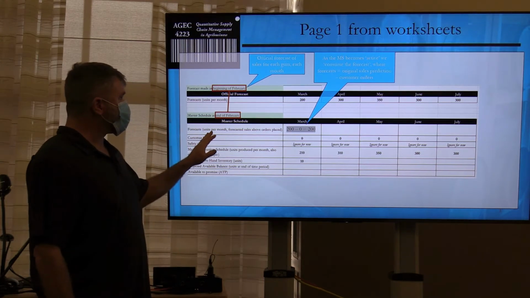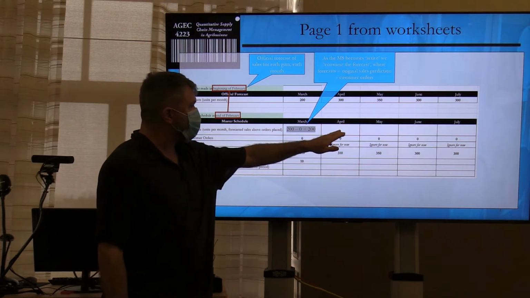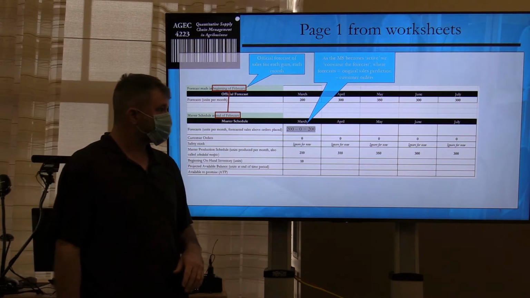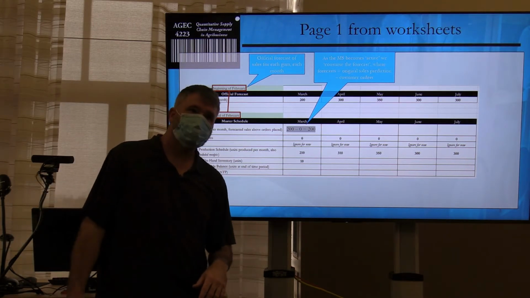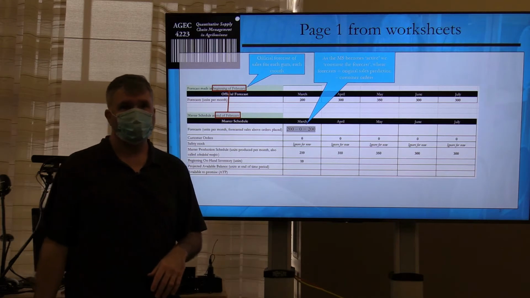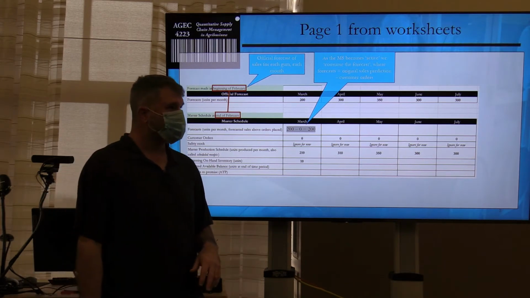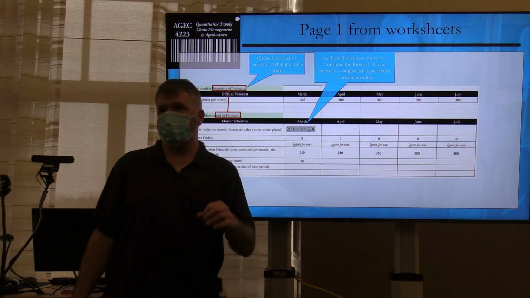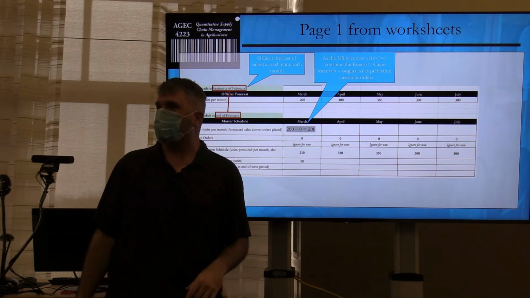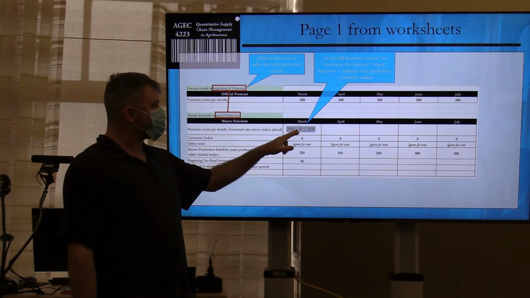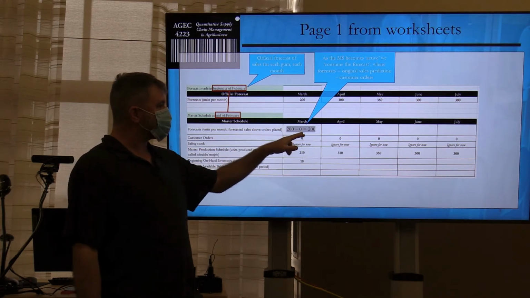So what kind of forecast do you think we might put right here for April? This is when everybody pretends like they're writing something so they don't have to answer this. Forecast for 200 here, orders are 0, so 200 minus 0 is 200.